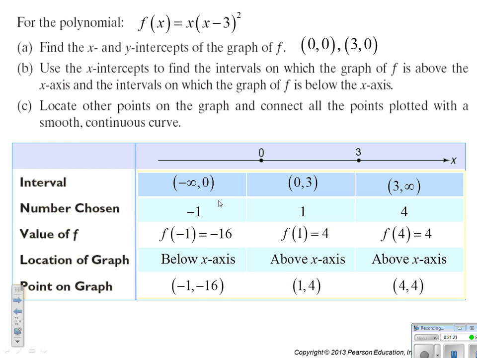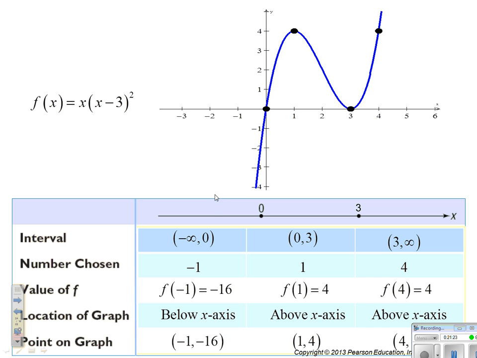So when you're putting that together on a graphing utility, it looks like this. So here is my intercept, intercept, intercept. We come up from below the x-axis, hit the origin, come up to 4, 1, 4, come down, and because I'm not below the x-axis in between here, I tap 3.